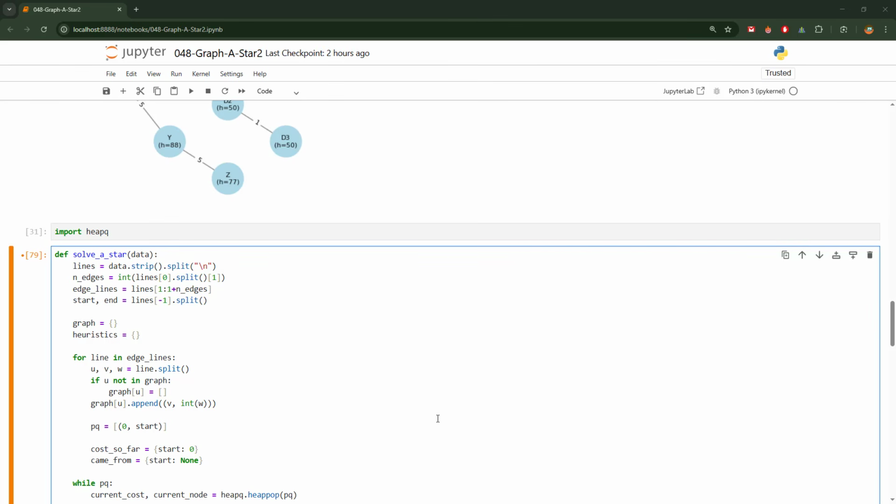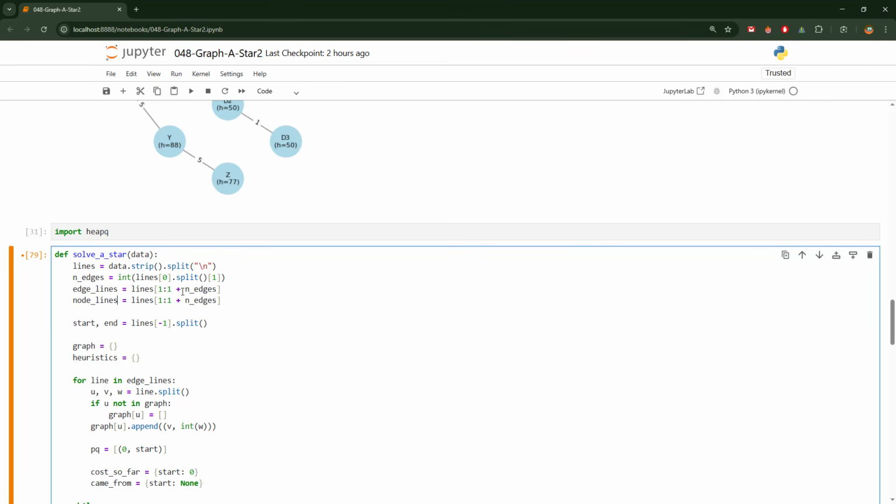It's going to be node lines, and it's going to take the lines, but not exactly. It's going to start from where the edge lines finished, so not 1 but 1 plus the number of edges, and it's going to finish at minus 1.